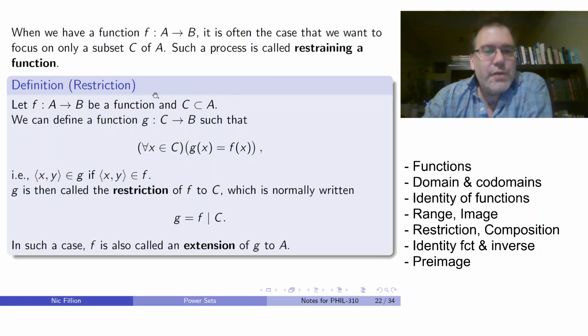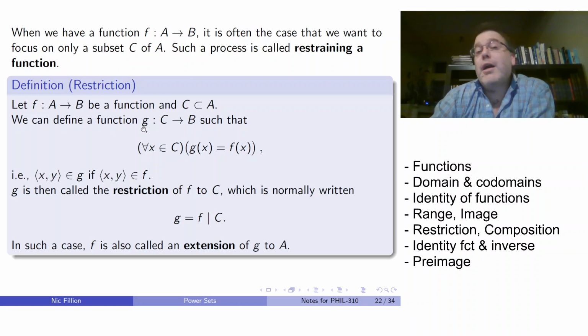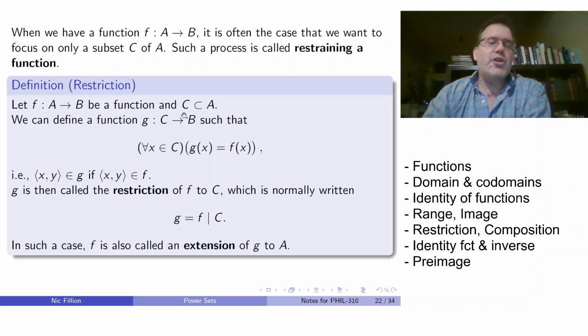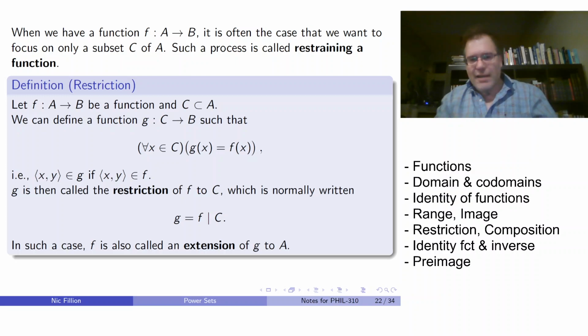And now we're going to define a new function, for now call it G, that has C as its domain and the same codomain. And we want to make sure that this new function matches f for every single element of the domain.